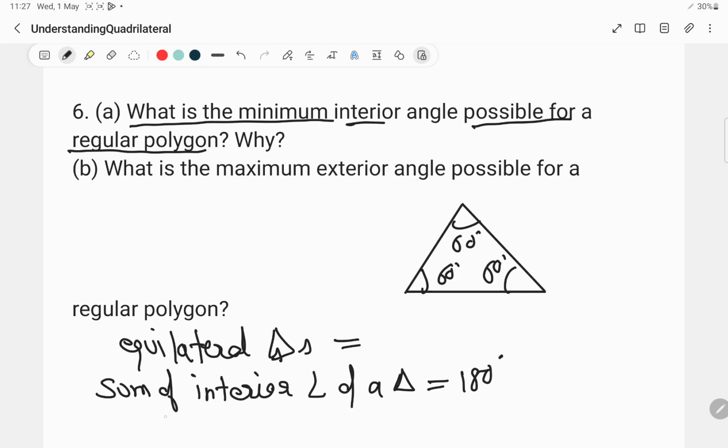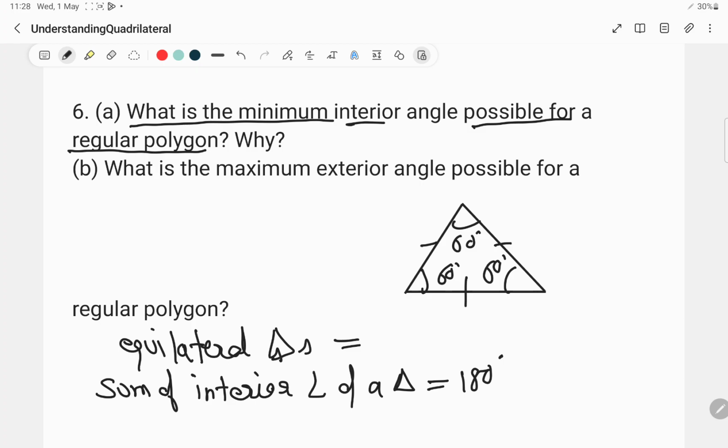So 60 degrees plus 60 degrees, 60 degrees, what will we have? So each angle will be of 60 degrees. We know that. And how many sides does it have? 3 equal sides, right? So equilateral triangle is a polygon which is having 3 sides.